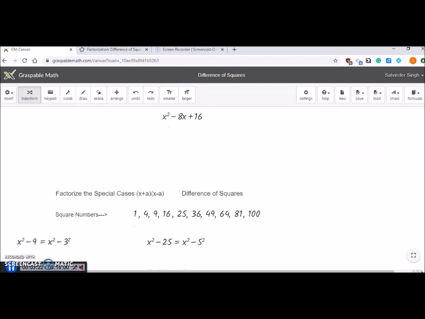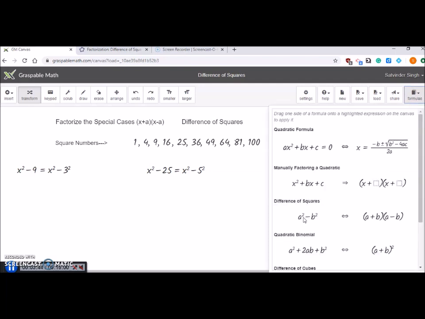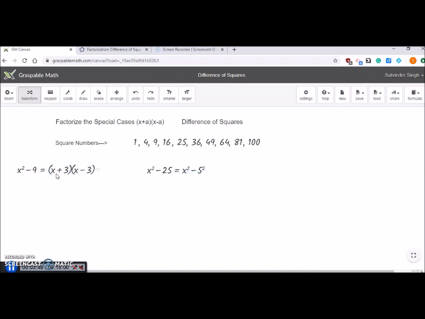Okay, so let's start the factorization. These are some square numbers: 1, 4, 9, 16, till 100. You will need them. For example, x square minus 9. 9 is actually 3 square. Let's factorize it. So x square minus 3 square should be x plus 3 and x minus 3, as we have seen in the previous example. One is with positive and one is with a negative.